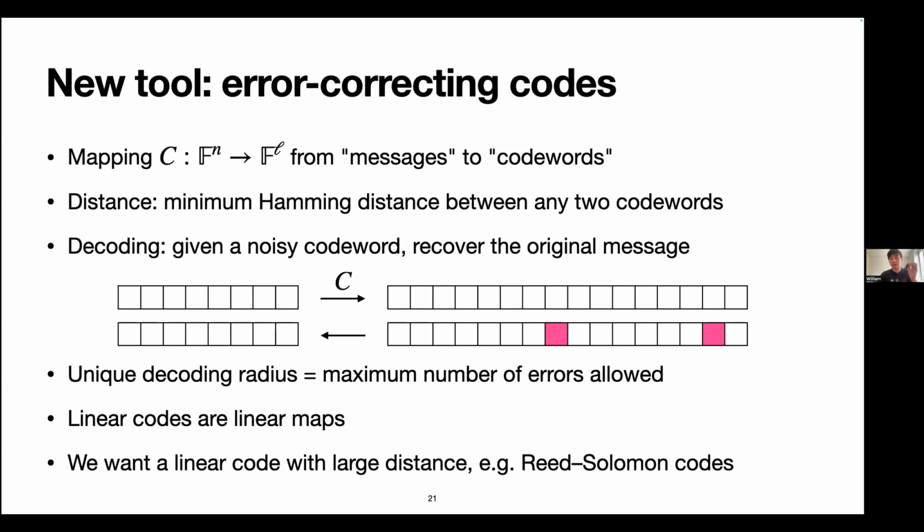For example, a Reed-Solomon code will satisfy this property essentially optimally. And so when I talk about codes, you can just imagine a Reed-Solomon code that maps a message of length n to a code word of length 2n, let's say. Cool.